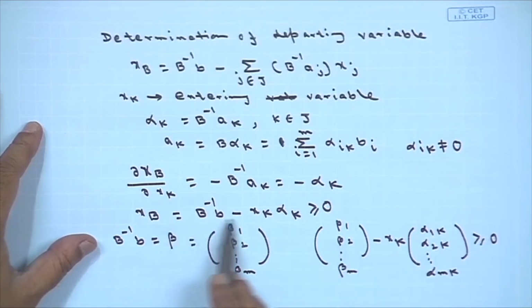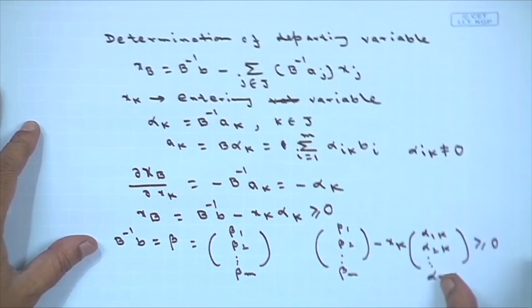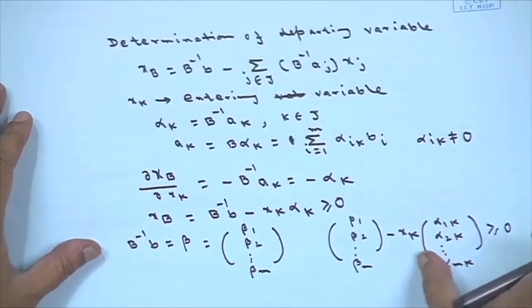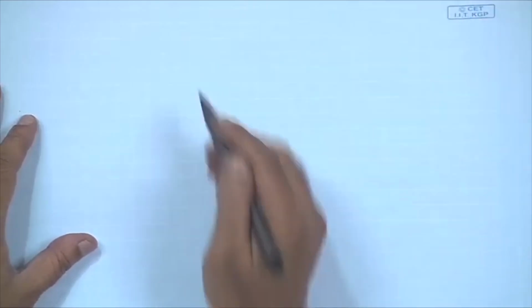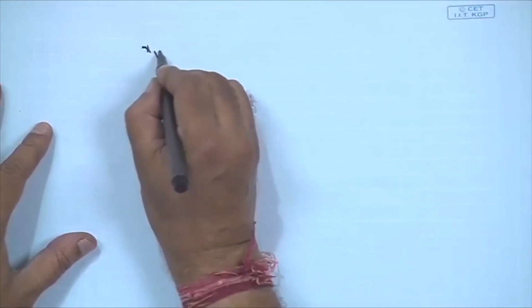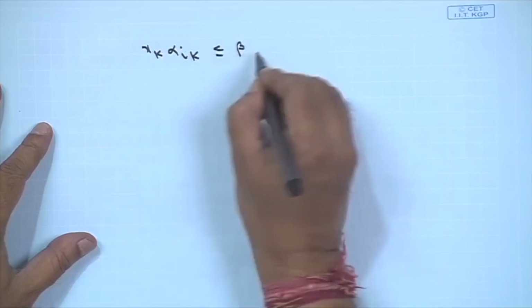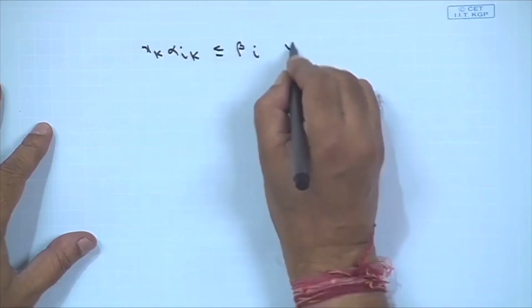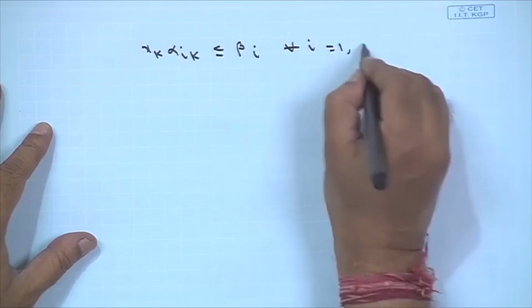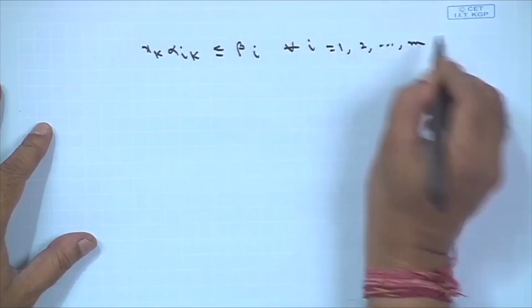So, from here x_B greater than equals 0, and if I assume B inverse b equals beta, take this column vector, then in terms of column vectors I can write down this thing. Now, from here we can write x_k alpha_ik is less than equals beta_i for all i equals 1, 2, like this way m.